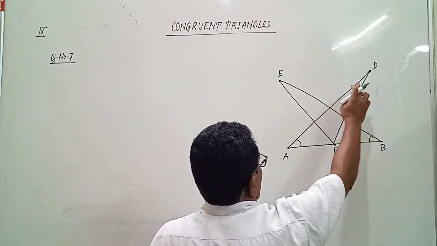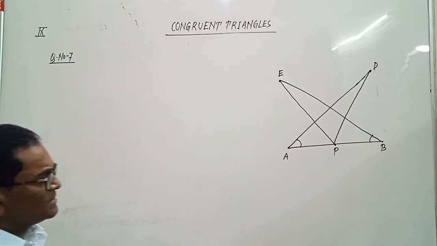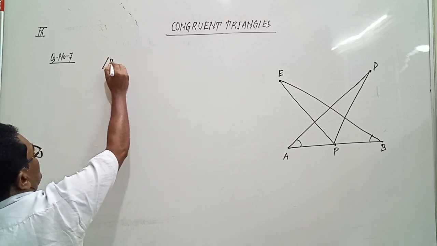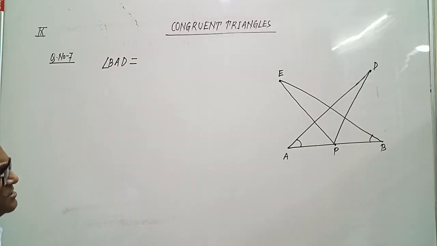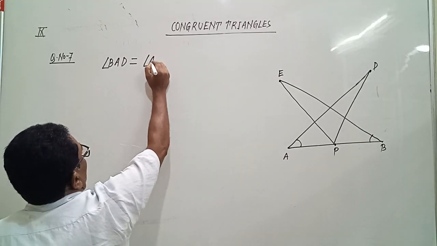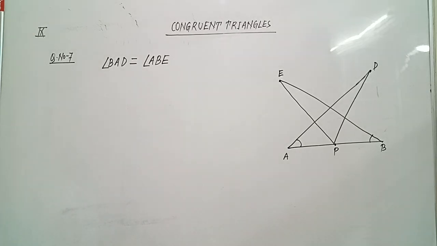These two angles are equal, BAD and ABE, given.